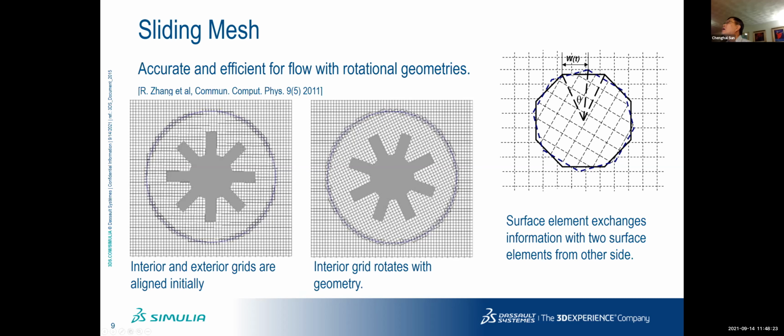Each surface element will pair with the opposite surface element. They exchange information and get a smooth transition at the interface. That's the basic idea of sliding mesh.